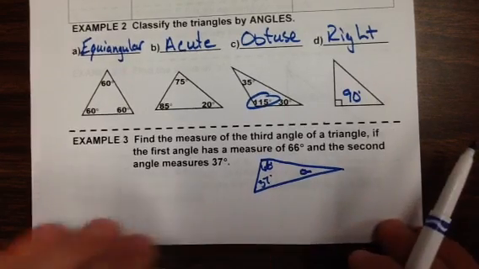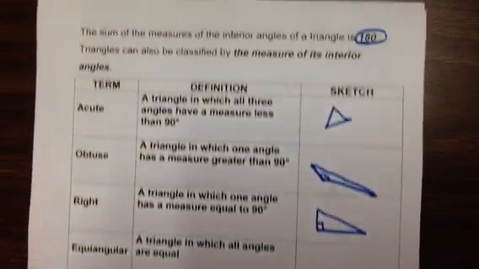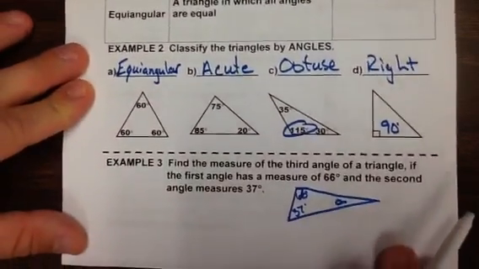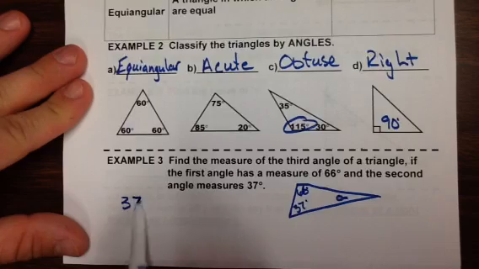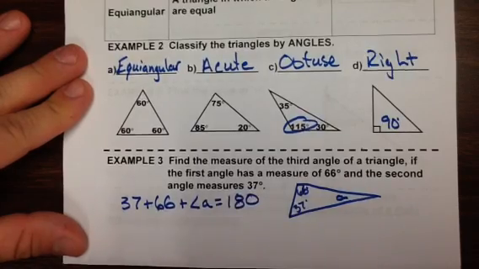I'm missing angle A, but I do know, if we go back up to the top of the page, that those three angles have to add up to 180 degrees. So I can say 37 plus 66 plus angle A equals 180 degrees.